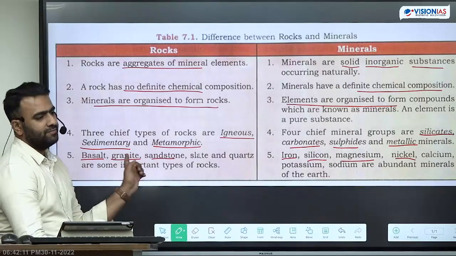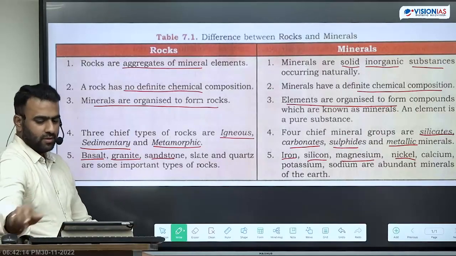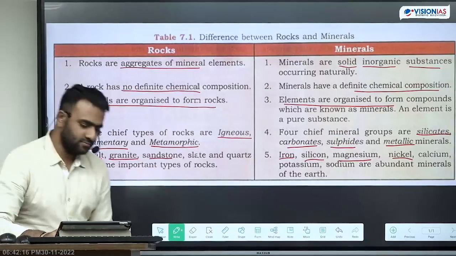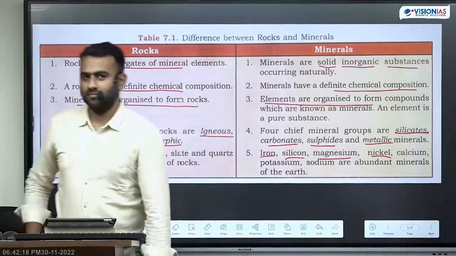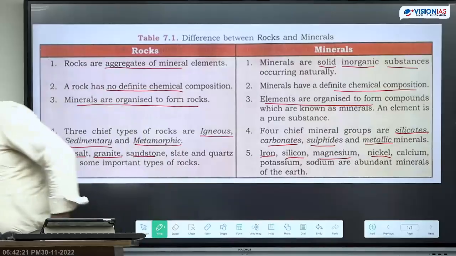The difference between rocks and minerals. So ये table लिख लेना and take a break. We'll continue after the break.